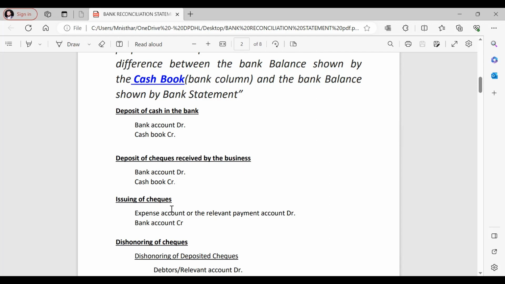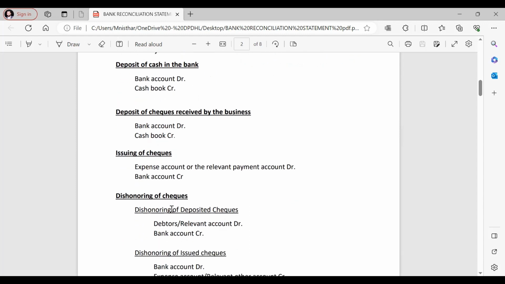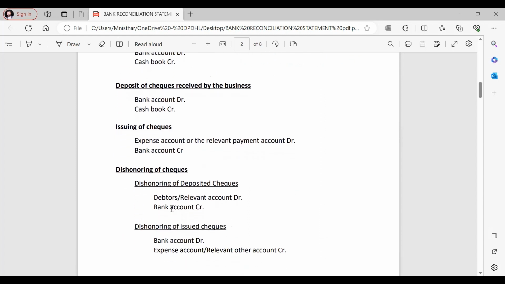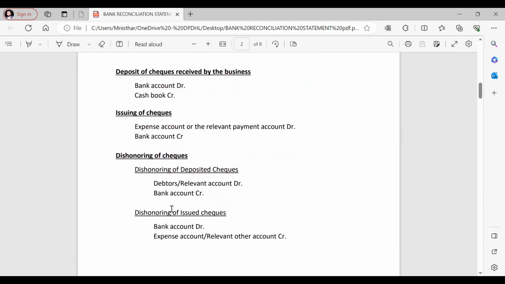When you are issuing checks, this is like paying and settling an expense. So when checks are issued, the expense account or the relevant payment account will be debited. Why? Because the money is going from your bank account, since you can't issue checks from your business cash book.